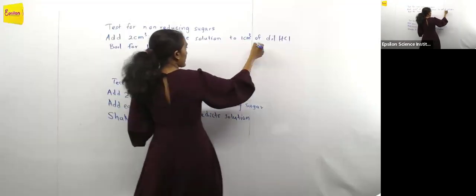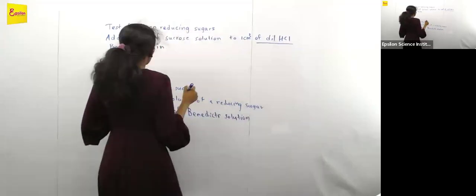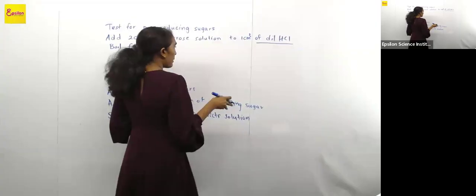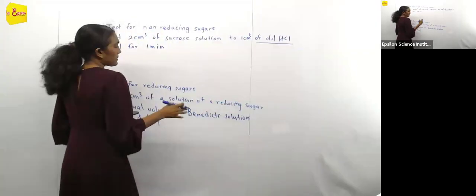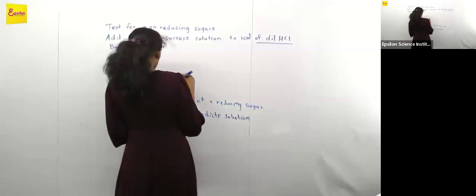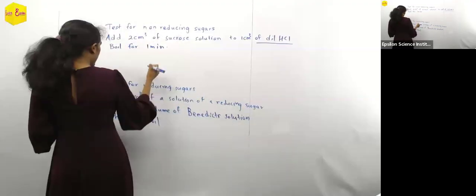So you are adding dilute HCl here, and then we are boiling. So then only you can hydrolyze the glycosidic bonds in the sucrose. So those monomer units are producing reducing sugars, so that they will answer the Benedict test, right?